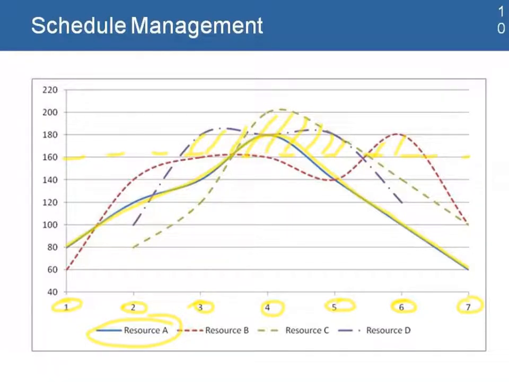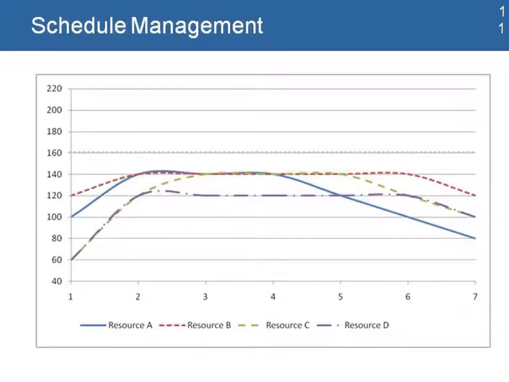With certain tools and some techniques, you can manage that and create a more leveled graph where your resources are still going to be used, but at less than the required limit that we have on the project. That way you make sure that you don't have big gaps of people doing a lot of work, or areas where people are not being asked to work at 100%, or maybe they're working only at 50%.